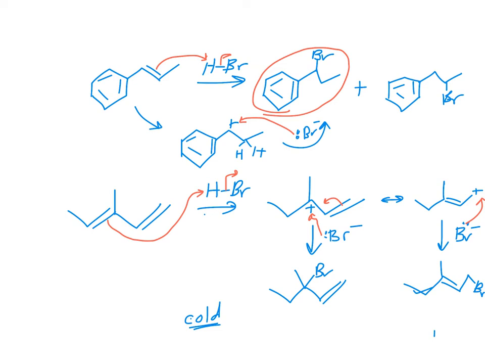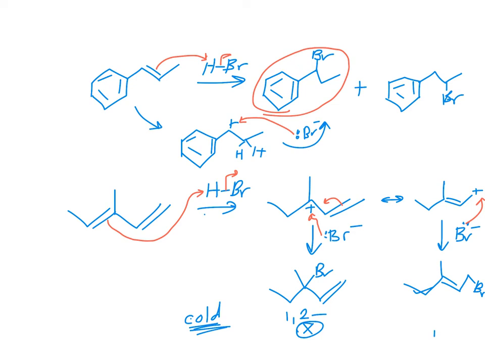And we said that the 1,2 addition always forms faster because of something called the proximity effect. We protonate, and then bromide is just right there, so it reacts faster to the end of the carbocation that's closer. So this is the 1,2 addition product, and so this would be the major product if it's cold.